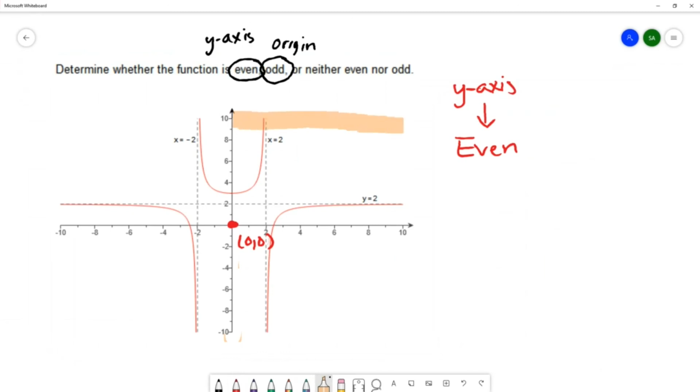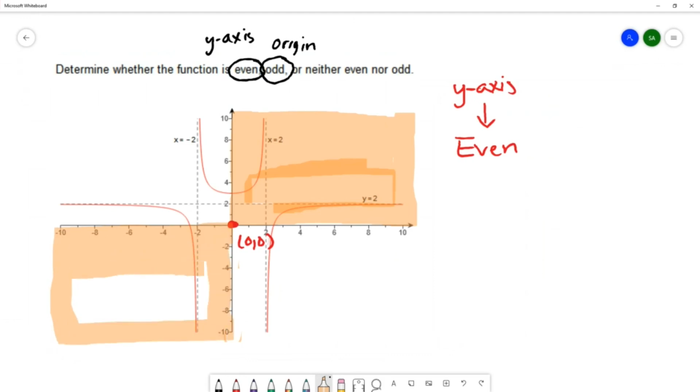So this is quadrant 1. Quadrant 1 always starts in the upper right hand. And if this graph had origin symmetry, you would see a mirror image in the opposite quadrant. So right now I'm highlighting quadrant 3.